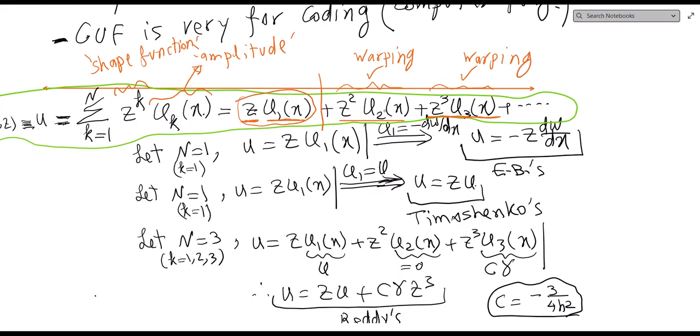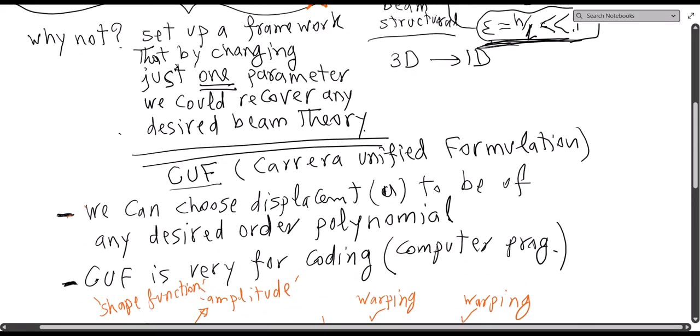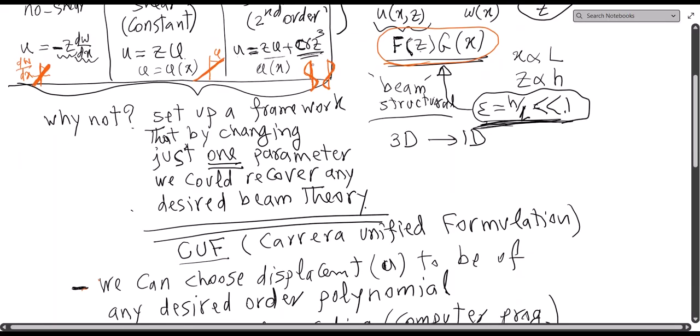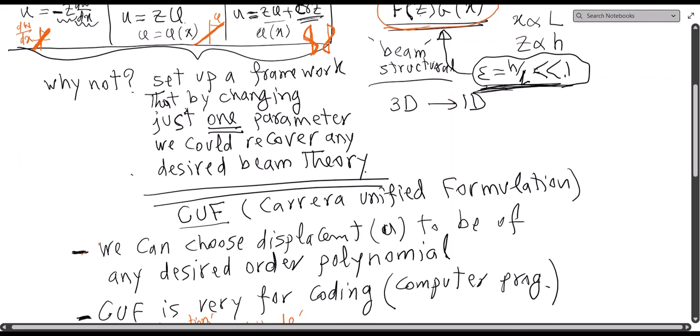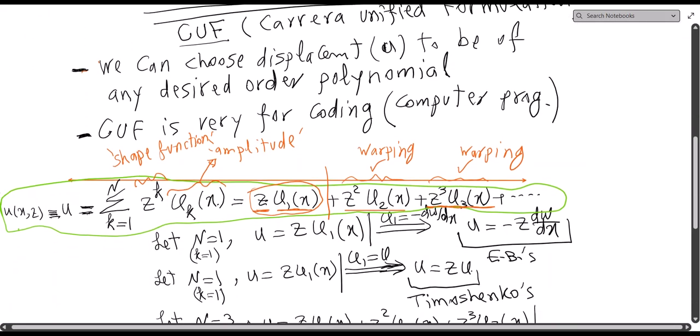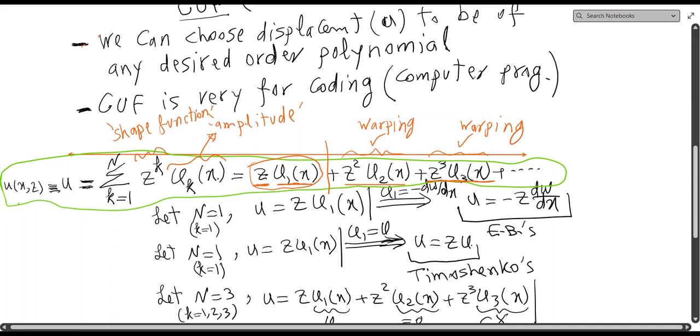All of them are warping, but with different order. So as I said here, this will warp as a cubic. This will remain a plane. Plane remains plane, but with different rotation, and so on.